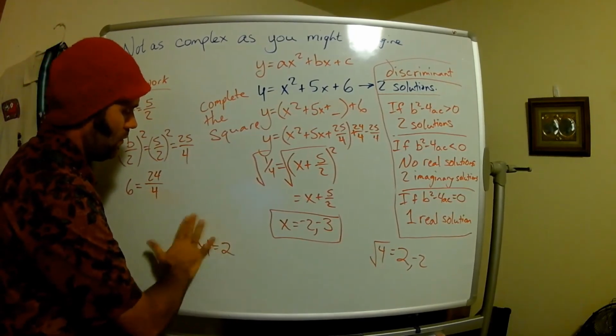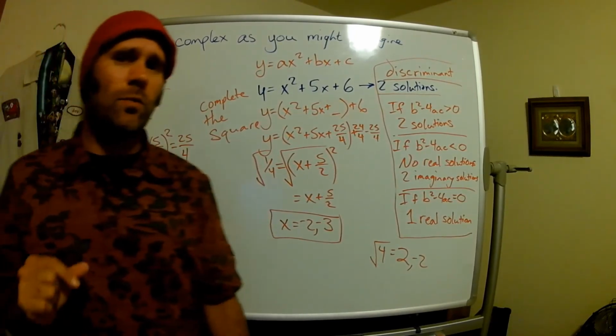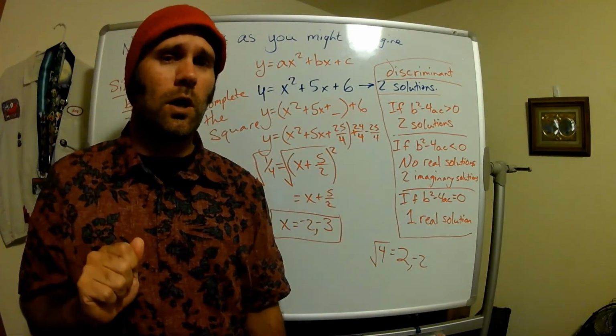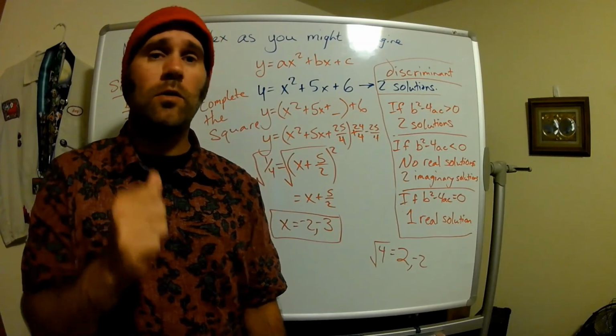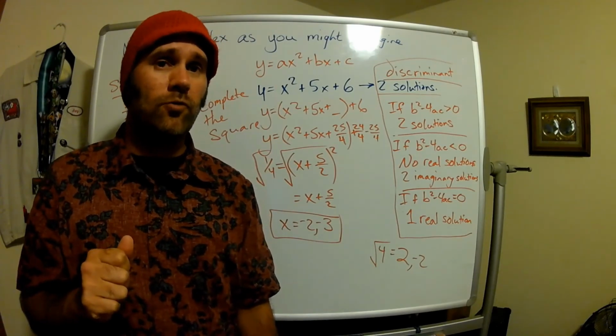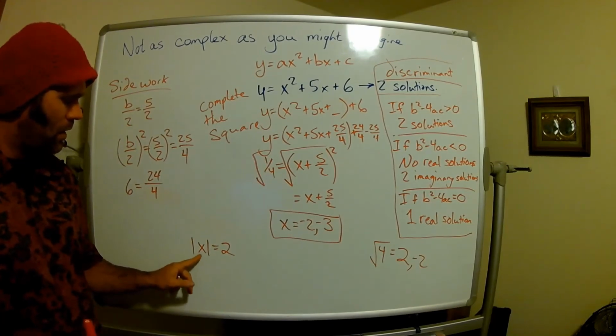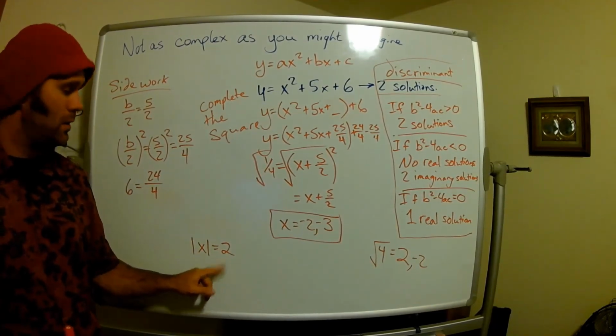Remember, absolute value just asks the question, how far away from 0 are we? And you can only have a positive answer to that question. How far away from 0 is x? Well, it's 2 away.